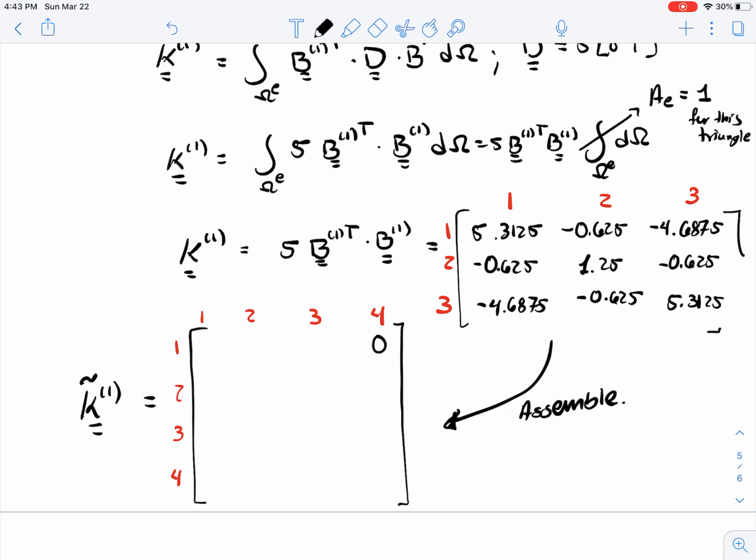In this case, because the nodes coincide, I'm pretty much going to get the exact same thing, so I'm not going to write the whole thing. I'm going to skip some decimals here.